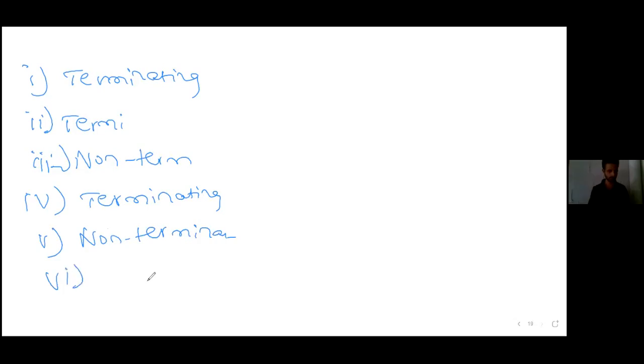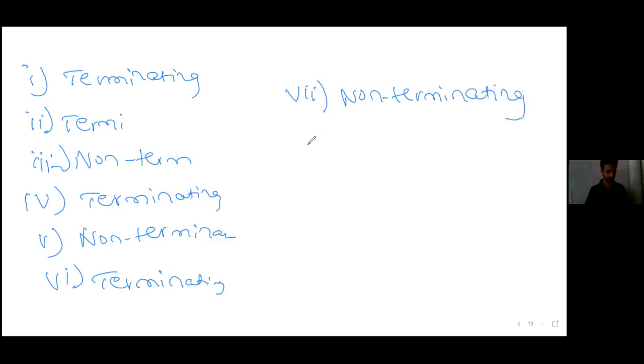Then sixth one is terminating. Then seventh one is non-terminating. And also the eighth one is terminating.